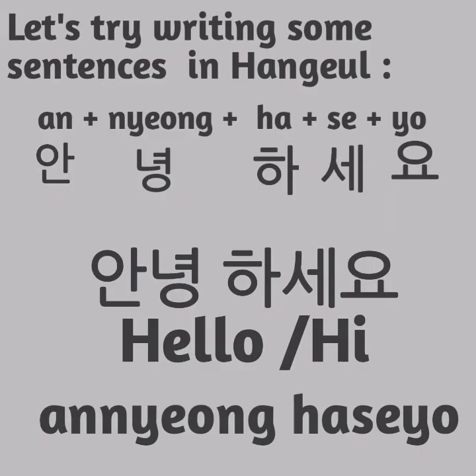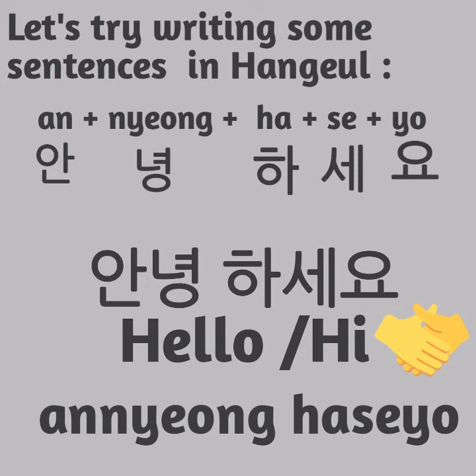Okay, let's try writing some sentences in Hangul. This will help you improve your Korean a lot. So let's start. First one is 안녕하세요. The word an is composed of a and ieung, combined to form an.